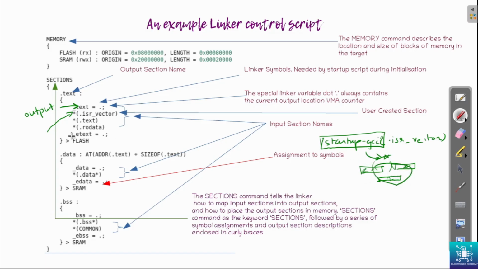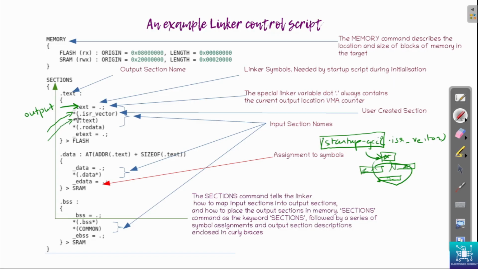This star means when you are feeding those files into the linker, through the -t linker command, this star means all files. In this case, only one file has the .isr vector section. But if you go to the next line, here star means all files which has the input.text section. Now .text section or code is present in all the files that are input, right?